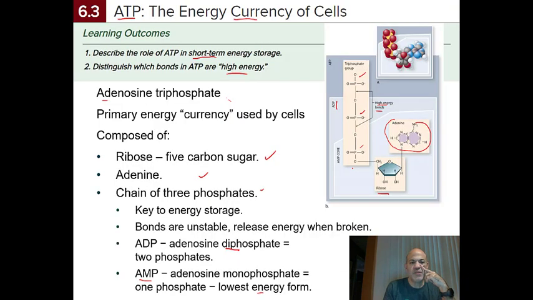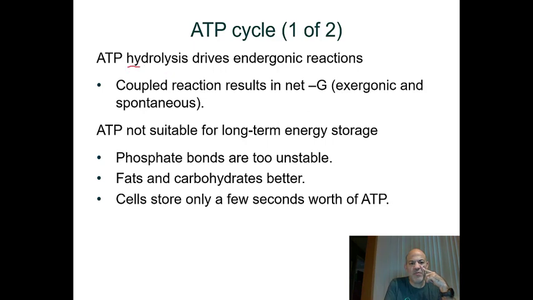Now, remember when we break things apart, usually you have to put water in there to split. It's called hydrolysis. And the hydrolysis of ATP has a net negative delta G. That means that the change in free energy when you break off a phosphate by hydrolysis is going to be negative.